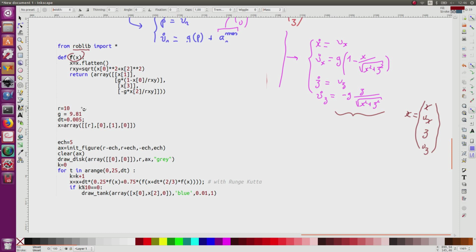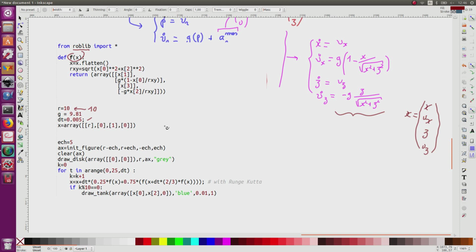For the radius of the Earth, we have taken 10 for simplicity. We have also taken a small sample time, and the initialization is 0, 1, 0 as asked by the exercise.